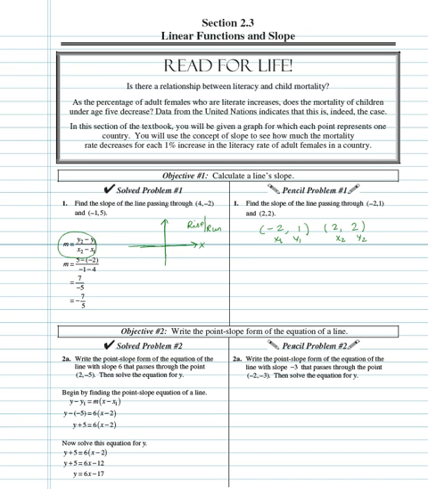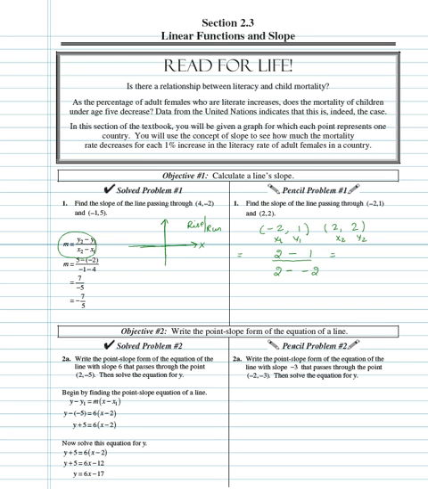The slope formula is rise over run, that is y2 minus y1 over x2 minus x1. I always want students to write the y2, y1, x2, x1 and then put in a minus sign in between, because that's when you will not make a mistake with your signs.